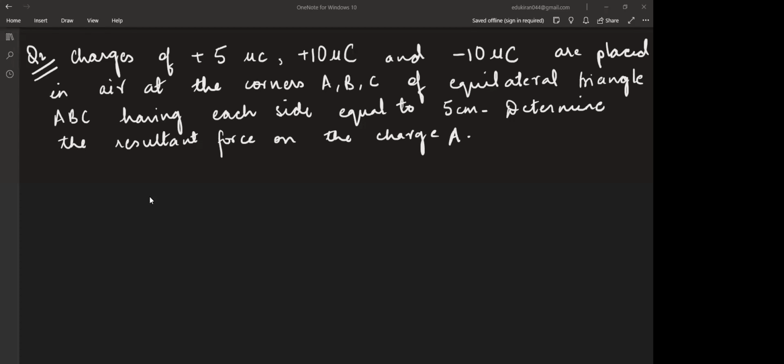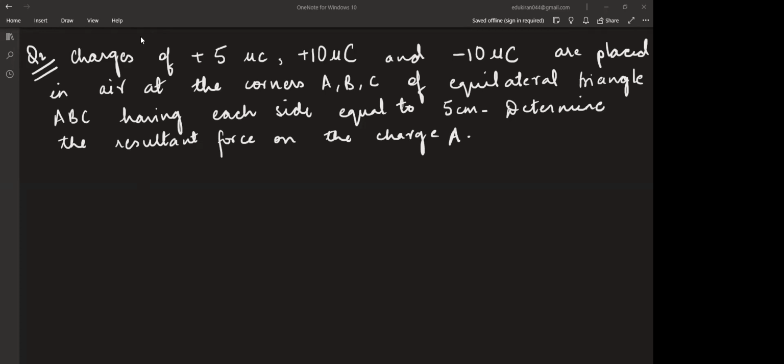Ma'am, for FBA I got 180 N, and for FAC I got minus 180 N. But I'm confused on what to do next. See, that is right, but how will you get minus? Have you taken only the magnitude?